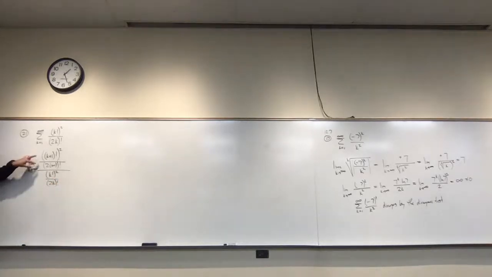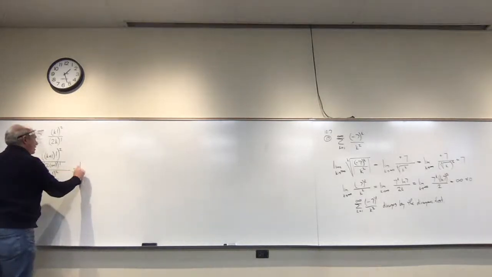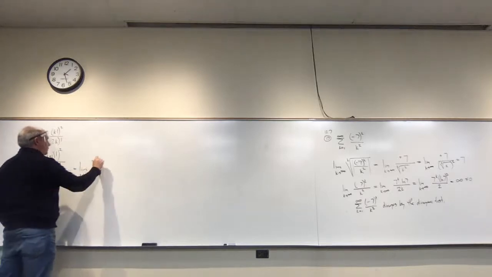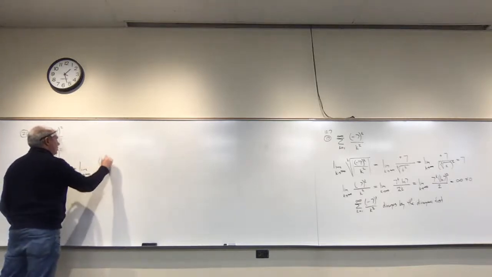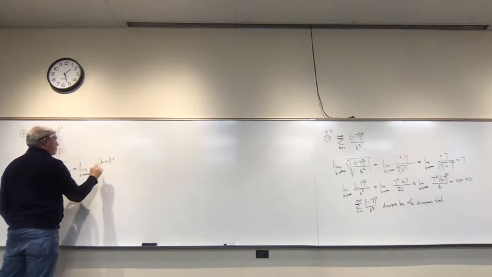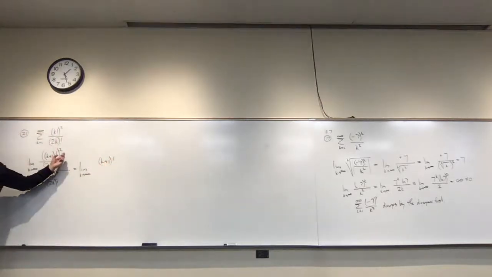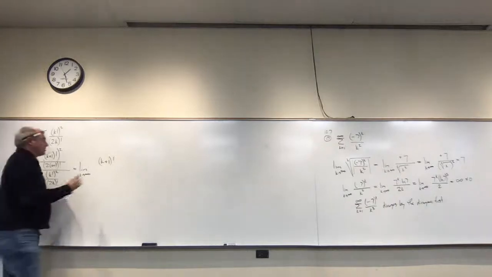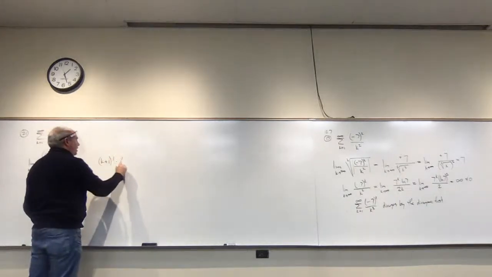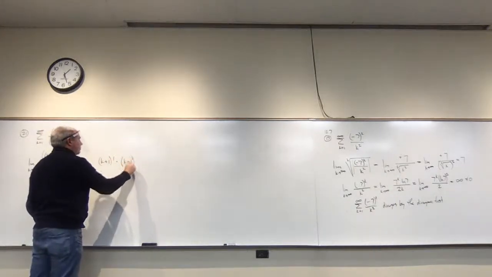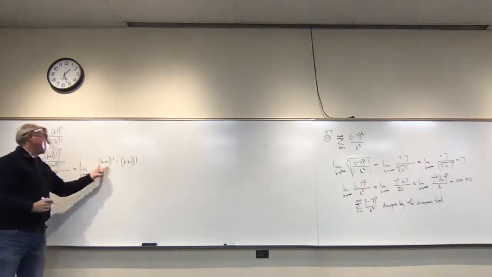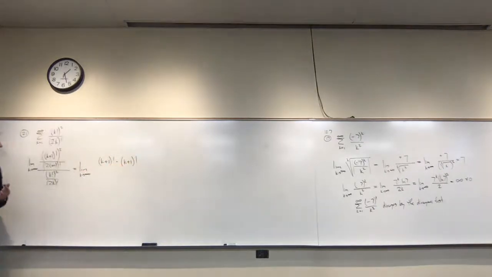Okay, so we've got a fraction divided by a fraction, so I can flip and multiply. I get the limit as k goes to infinity of k plus 1 factorial squared. Since it's squared, it means just multiply it by another one, so I've got k plus 1 factorial times k plus 1 factorial.